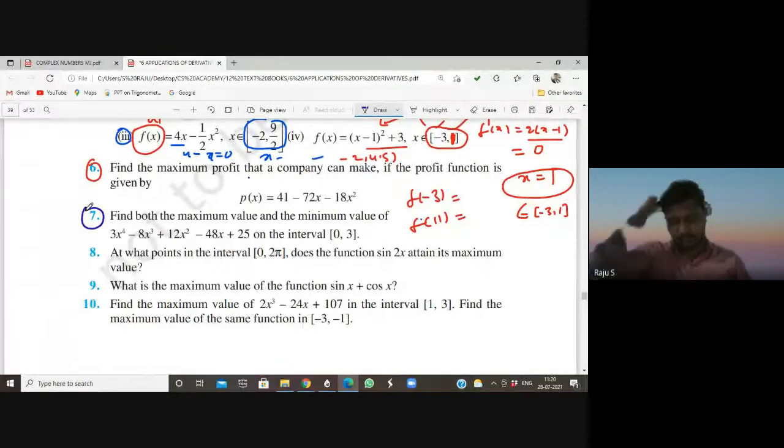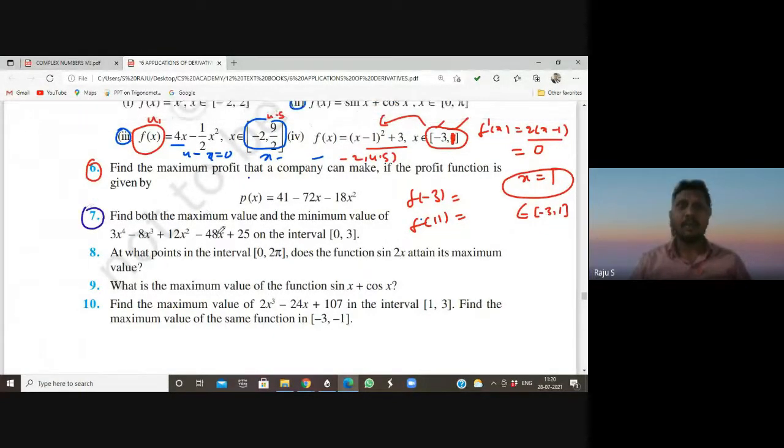Next question. Find both the maximum value and minimum value of this function in the interval. Okay, students, what shall we do here? Same. Let us take the given function as f of x. Find f dash of x and equate it to 0.